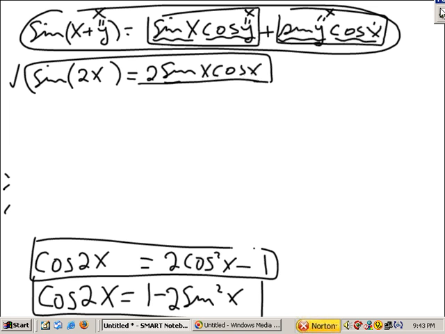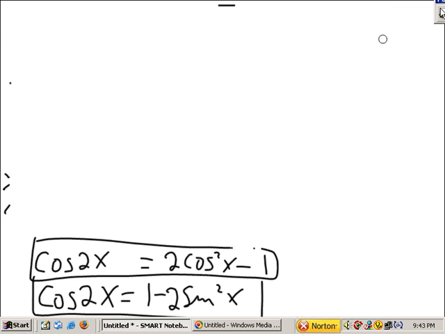Oh, we don't really need the top one. So we'll just keep putting them on top. We know we just derived that the sine of 2x is 2 sine x cosine x. If you love memorizing formulas, memorize all of them. Me, I have better things to do at my time.